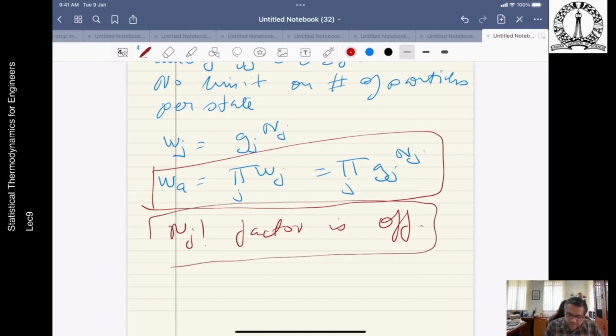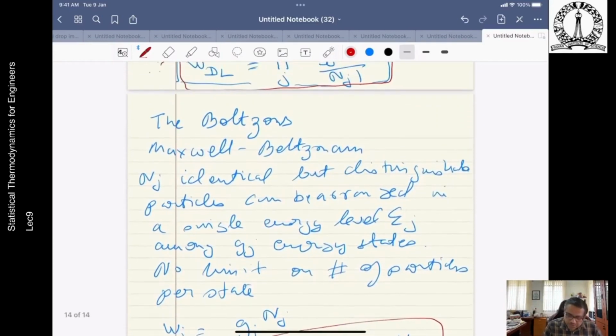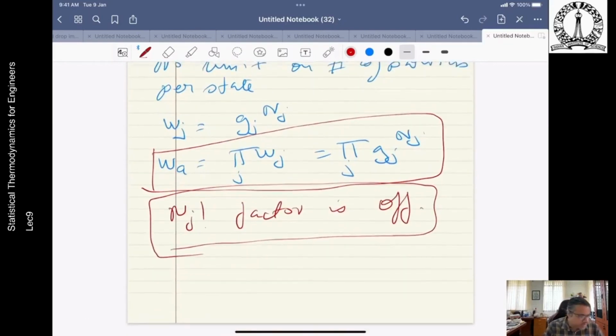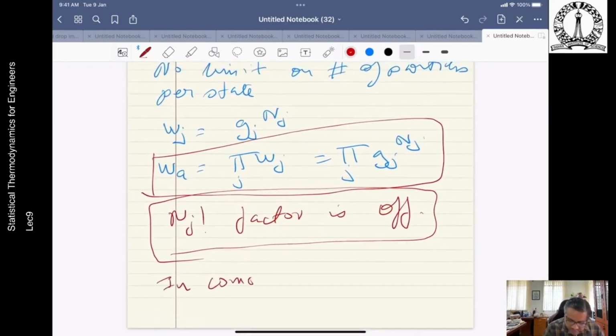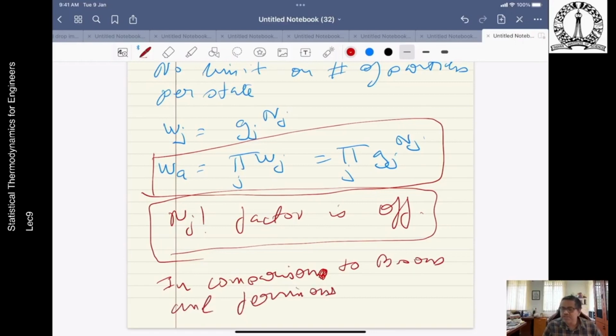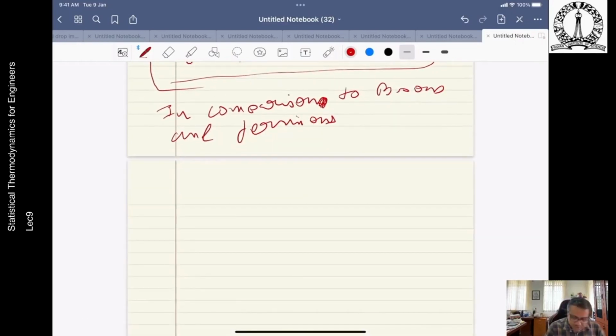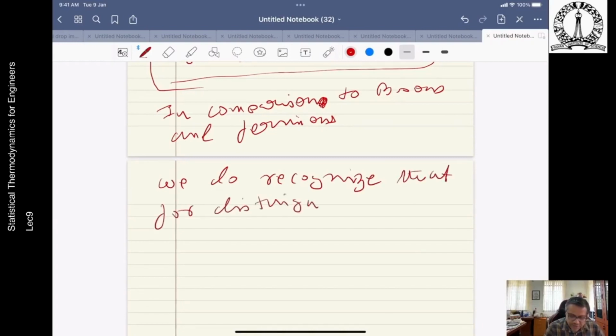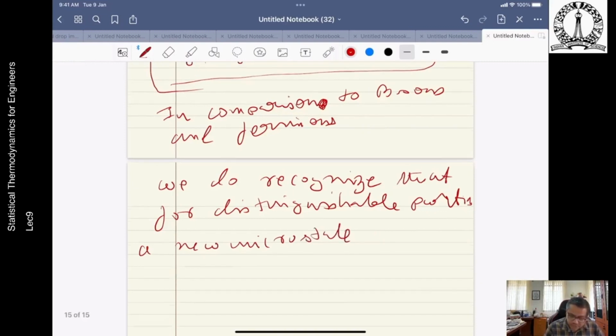So this is where Boltzmann got it wrong, because he assumed that the particles were distinguishable.